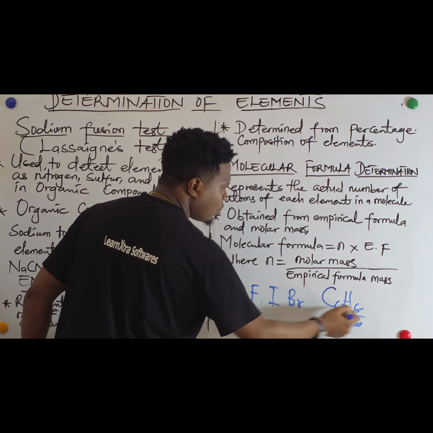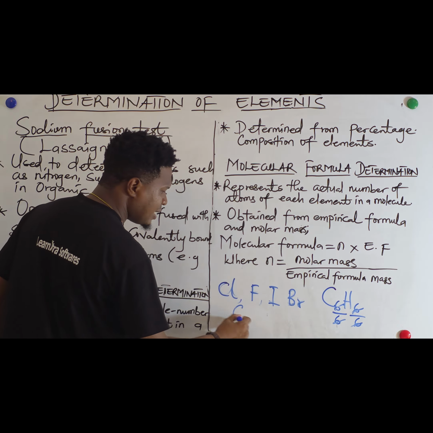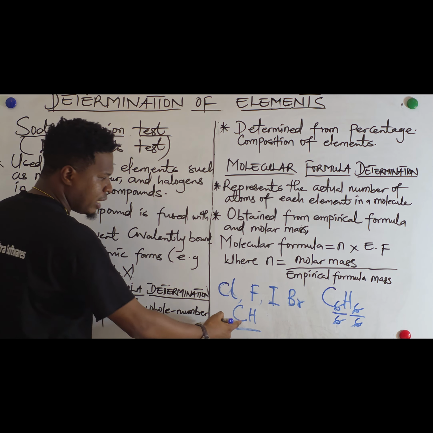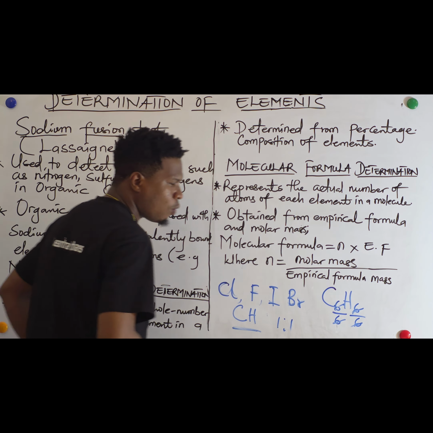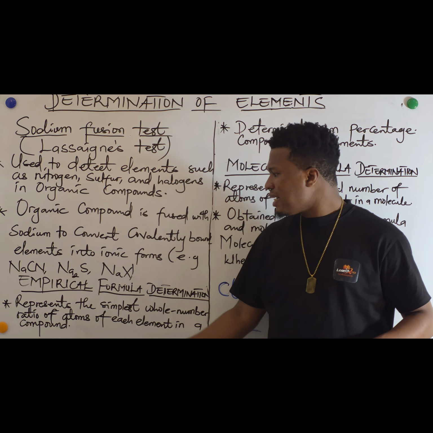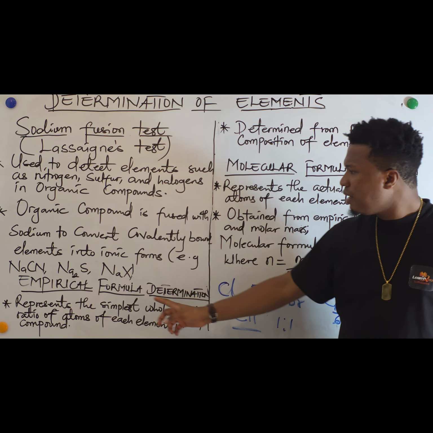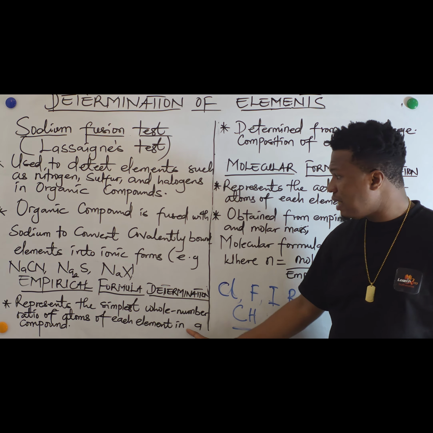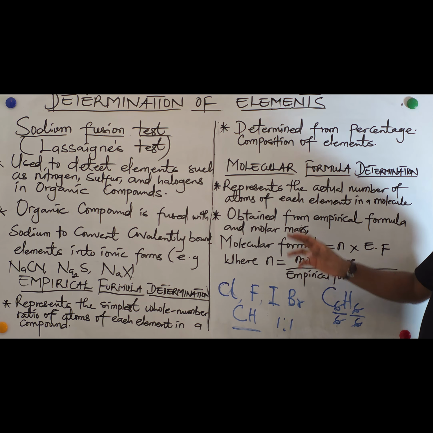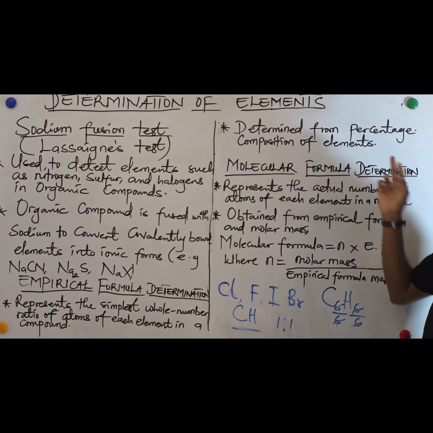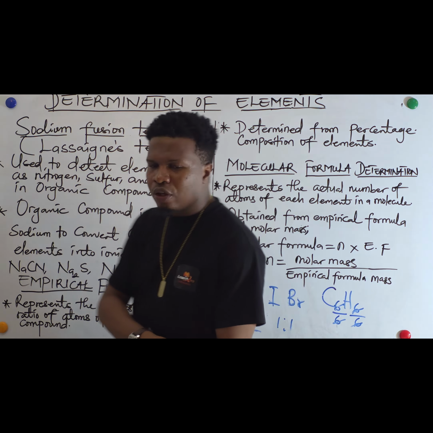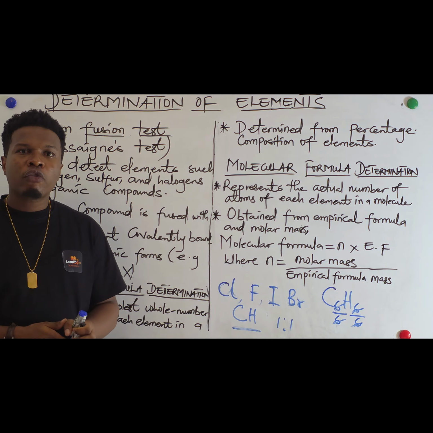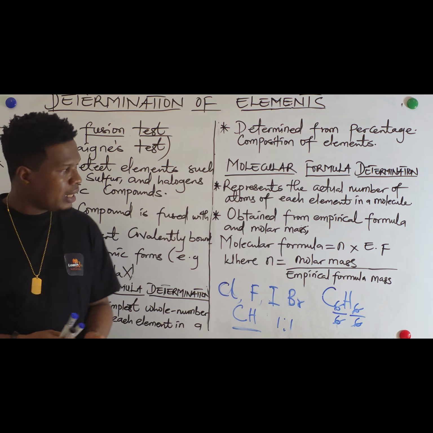So the empirical formula for benzene is CH instead of C6H6. So empirical formula is the simplest whole number ratio of atoms of each element in a compound. It is determined from the percentage composition of elements.